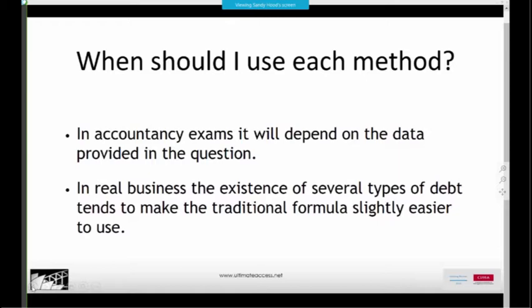So it tends to be more appropriate, if you're preparing the WACC calculation for your firm, to use the more traditional approach with the particular cost of equity times the relative value of the equity to the total capital employed, and then each of the different debts, and then combining that.